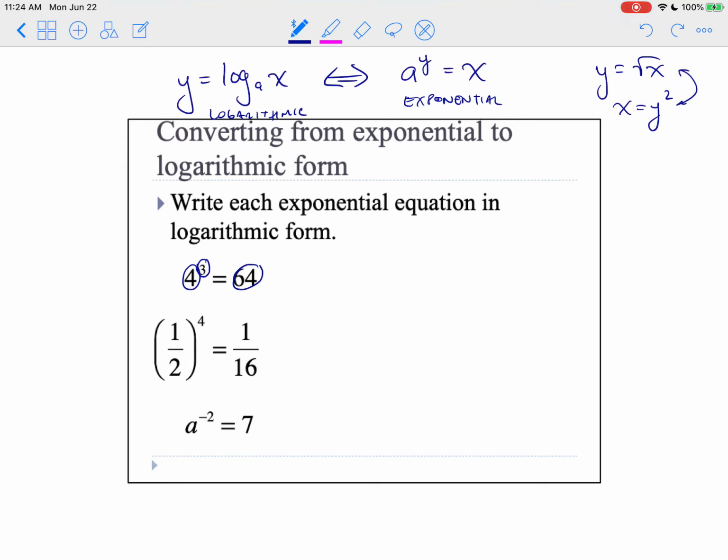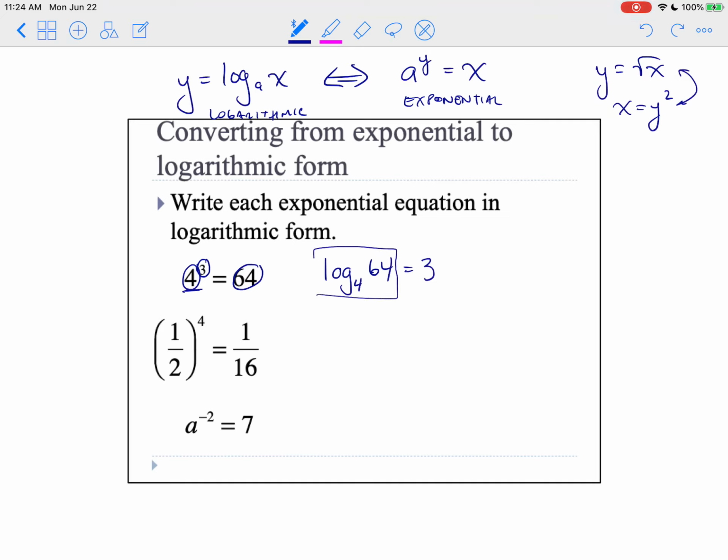So rewriting that, putting the a, the y, and the x into the logarithmic equation, we get log base 4 of 64 equals 3. So we've rewritten this, and notice how the base of the exponent in the original exponential form and the base in the logarithm are always the same thing, okay? So log base 4 of 64 equals 3.